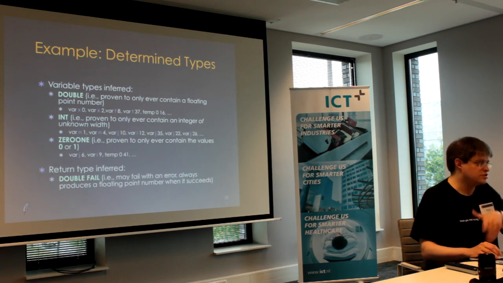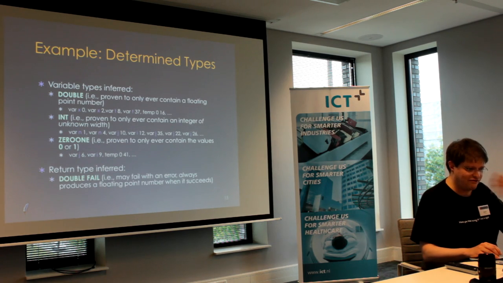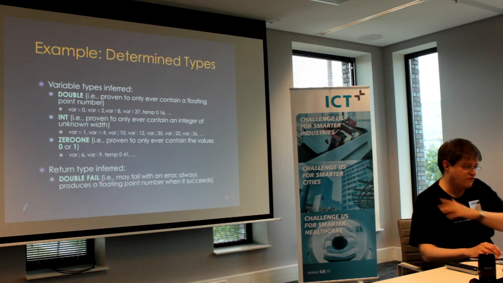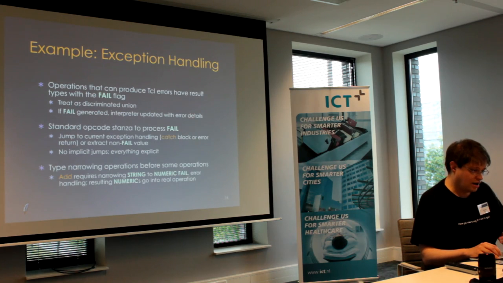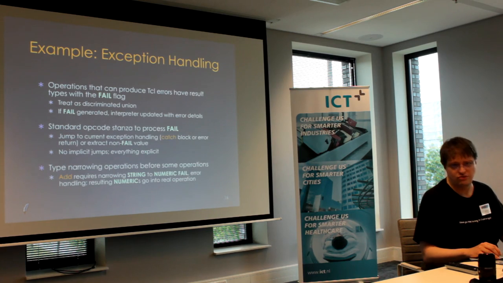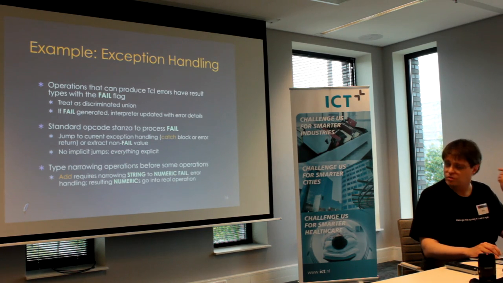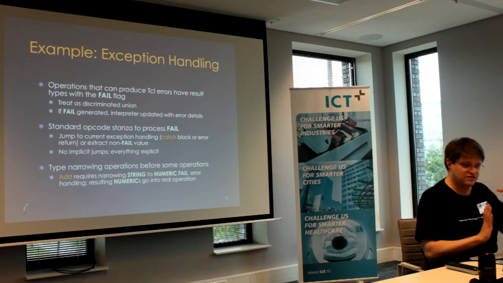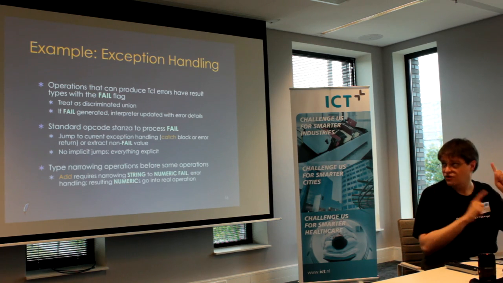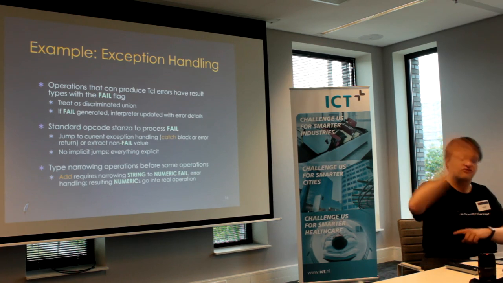We've also got a whole system for handling failure codes. We can determine types out of operations. We can introduce type narrowing operations, and then if we can prove that they're useless, we throw those away.